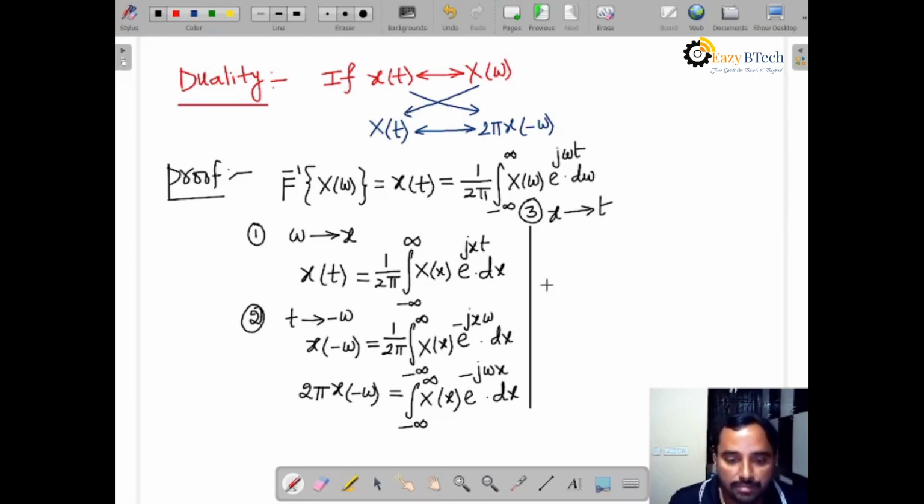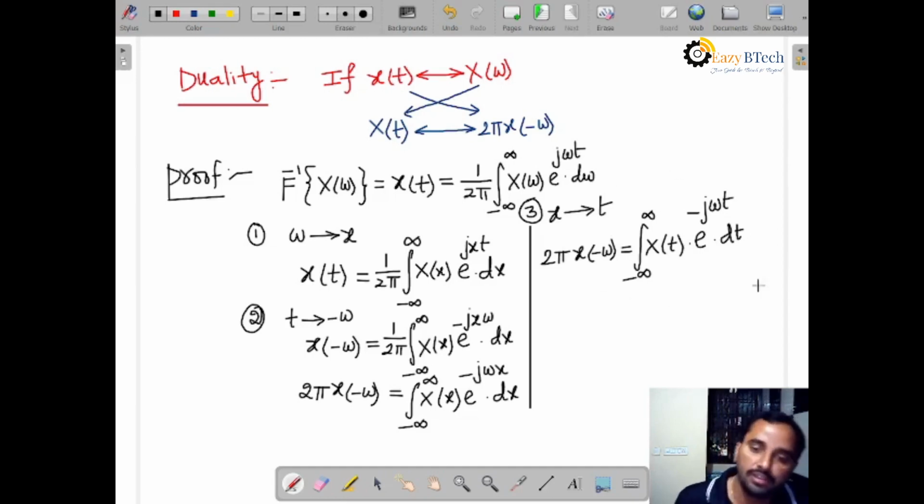Now the left side we have 2 pi x of minus omega is equal to integral minus infinity to plus infinity capital X of t into e to the power minus j omega t dt, right?